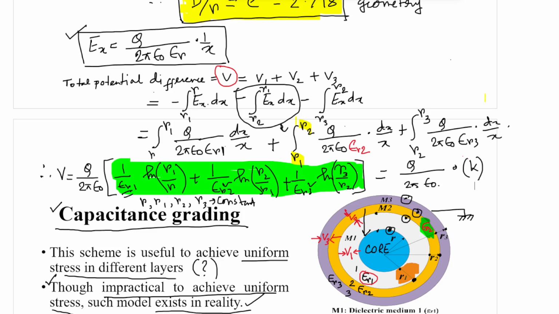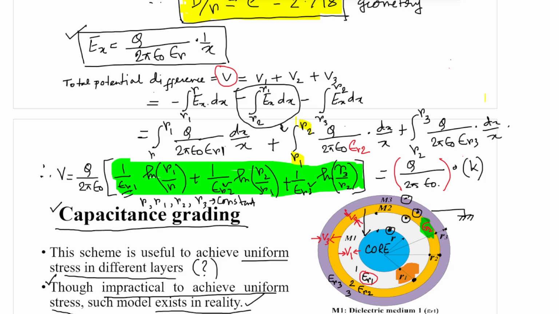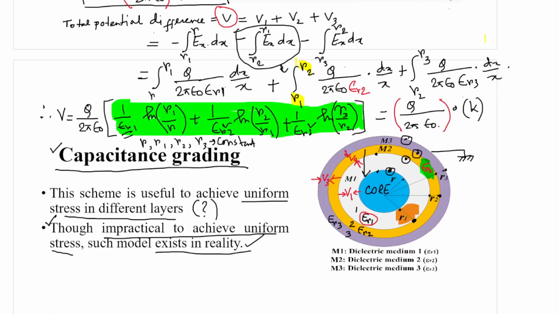Now the term Q by 2 pi epsilon 0 has no meaning in the derived expression so far, so we shall substitute it from this expression. So what is Q by 2 pi epsilon 0?